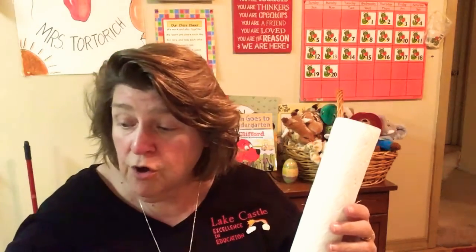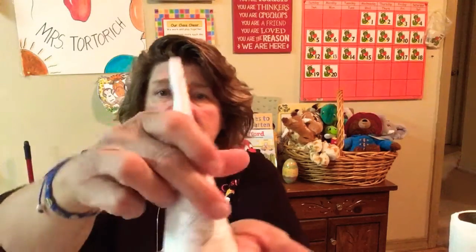The circle or the sphere you can only roll. The cone you can do either. You can roll it on its side like this, or you can slide it like this. The square, you can't roll the square. It has sharp edges and straight sides, so you can only slide it.